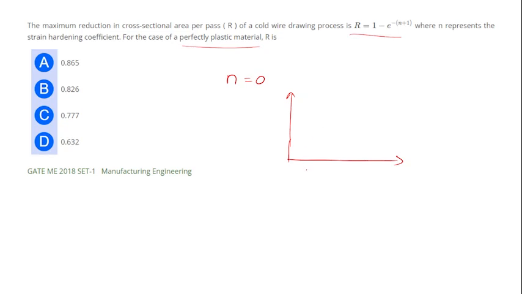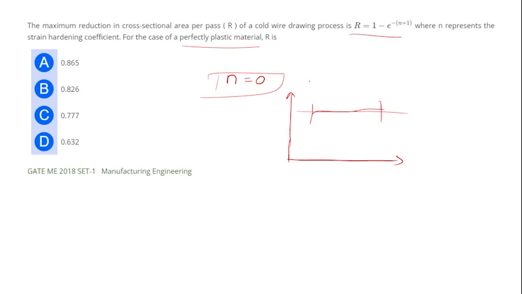It means that at one constant stress, your strain will be increasing. So we can assume your curve will be somewhat like this. What will be the slope when your curve is a straight line? 0, right? So for a perfectly plastic material, your n will be 0.